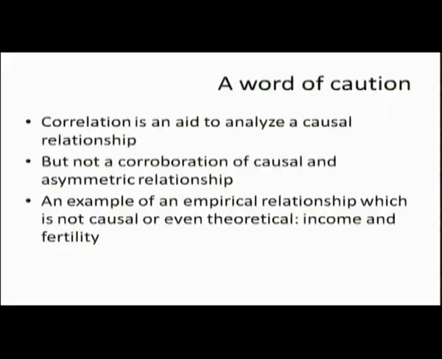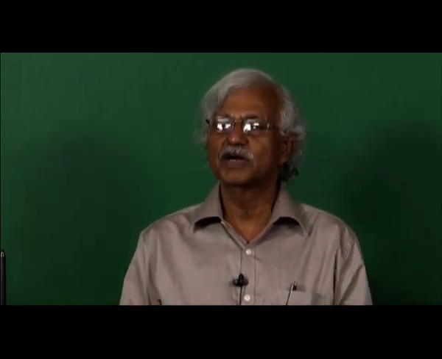Empirically, the relationship between income and fertility is negative, but theoretically it should be positive, because those people who have higher income can afford to have more children, and there is some utility associated with children as with other consumption goods or investment goods.